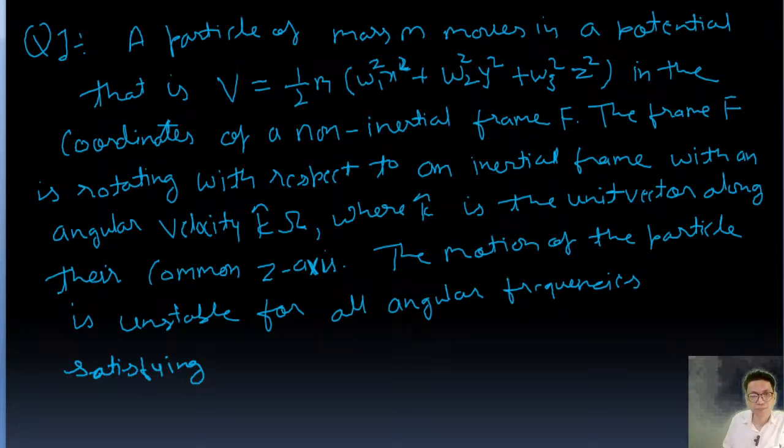Options are given. Option A is omega square minus omega 1 square, into omega square minus omega 2 square, is greater than 0.